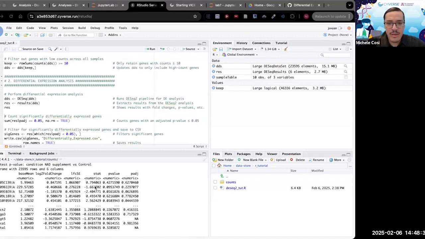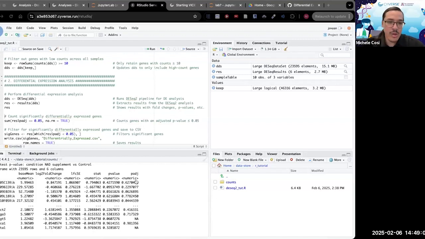Then we have the log fold change standard error over here. Then we have the Wald statistic, NAD supplement versus control. We have the p-value and the p-adjusted value, or the BH corrected p-values.